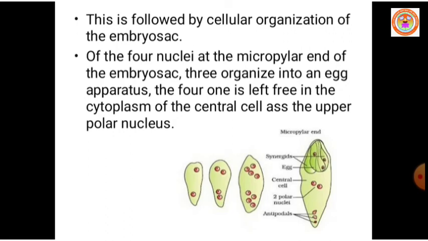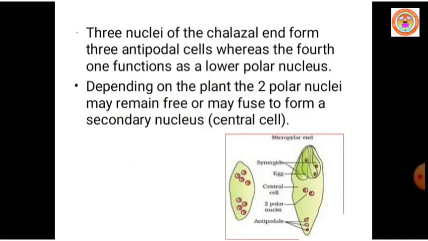Out of 4 nuclei, 3 are organized into the egg apparatus. The fourth one is left free in the cytoplasm of the central cell as the upper polar nucleus. Similarly, out of 4 nuclei at the chalazal end, 3 form antipodal cells, whereas the fourth one functions as the lower polar nucleus.